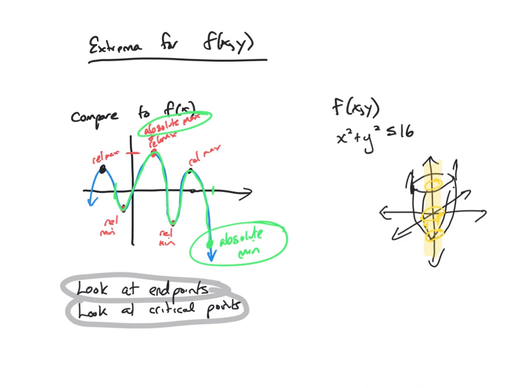So we would break something like this up into really two different questions: what is the biggest value for my function, or the smallest value for my function, when we're at the boundary of that beam of light? And also, what if we're on the inside of that beam of light, strictly inside? And these are going to require different methods. And we're going to continue in the next video on the theme for this.